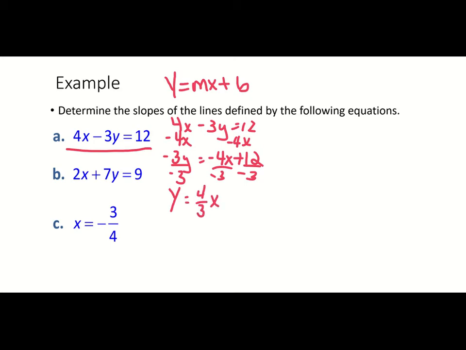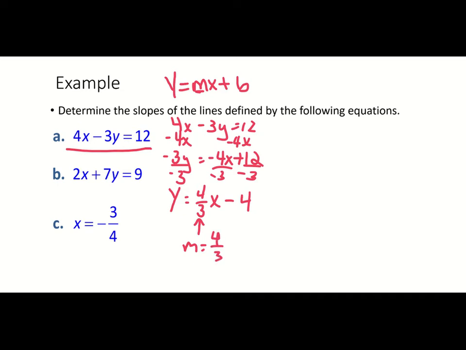And then 12 divided by negative 3 would be minus 4. So that means that our slope, remember, m is your slope. So our slope for this equation is 4/3. So m equals 4/3.